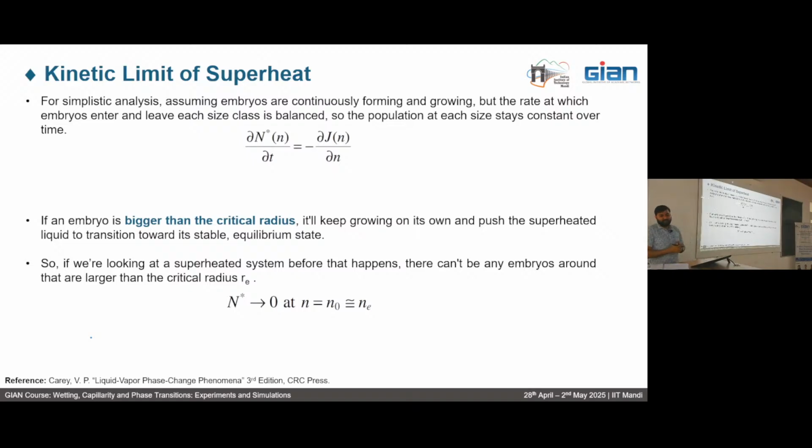Now, to keep our analysis simple, we can assume that the embryos are continuously forming and growing, but the rate at which embryos enter and leave each size class is balanced. It means that this term would be 0, so that the population stays the same for each class of embryo size. So we can simply put it as 0 and we get that Jn is a constant.